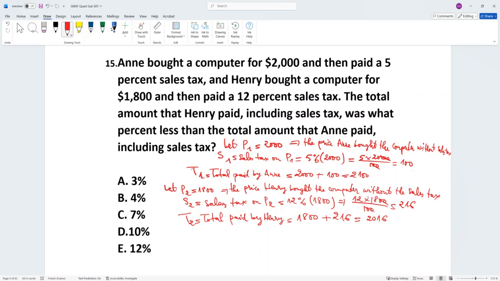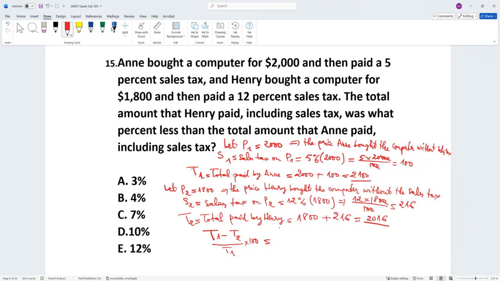Okay, this one was what percent less than the amount that Anne paid, including taxes? This one. So we have to compare this to this in terms of percentages. So we are going to do the operation T1 minus T2 over T1 times 100.